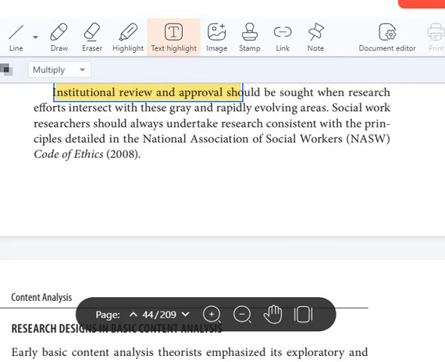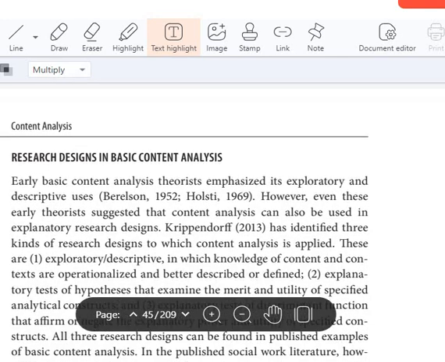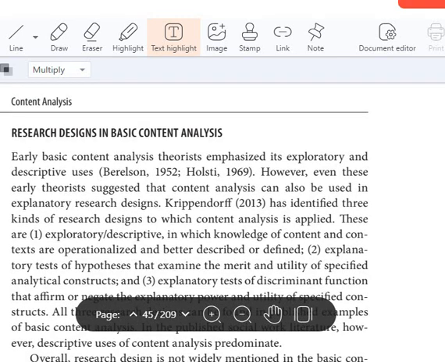Now let's move to the research designs of basic content analysis. What do you think the research design mainly used by basic content analysis? Mainly the best design is the exploratory, descriptive, explanatory tests of hypotheses. We will talk about this.